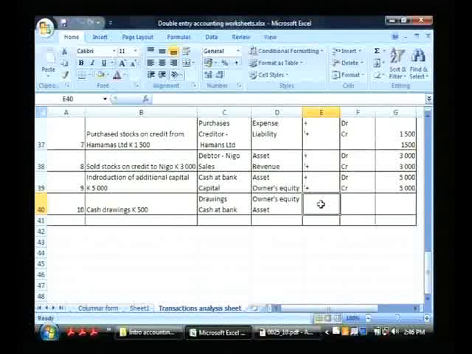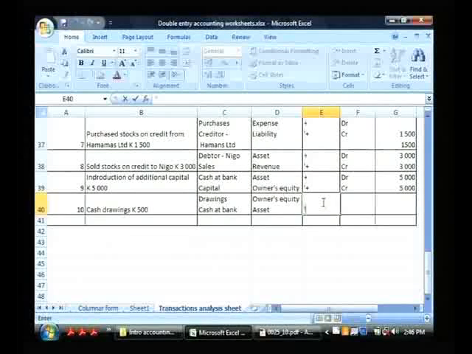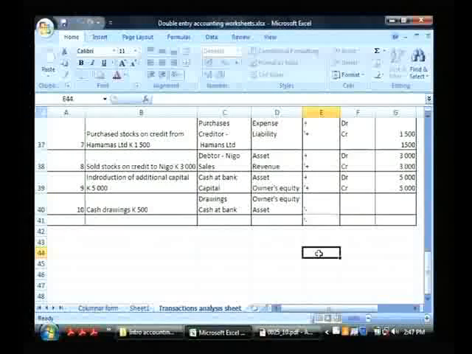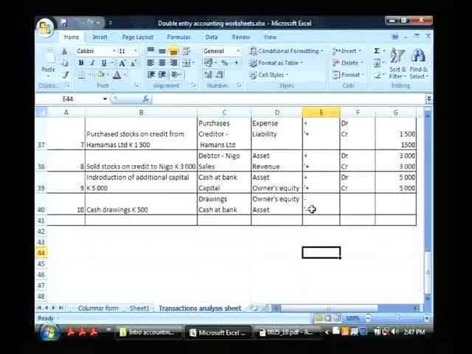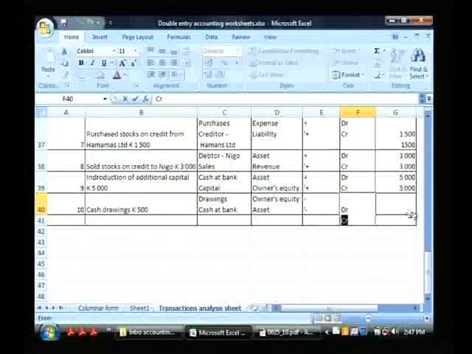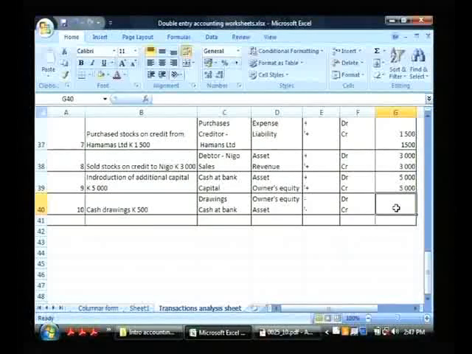Drawings decreases owner's equity, and cash at bank also decreases. Drawings account, debit; cash at bank account, credit.